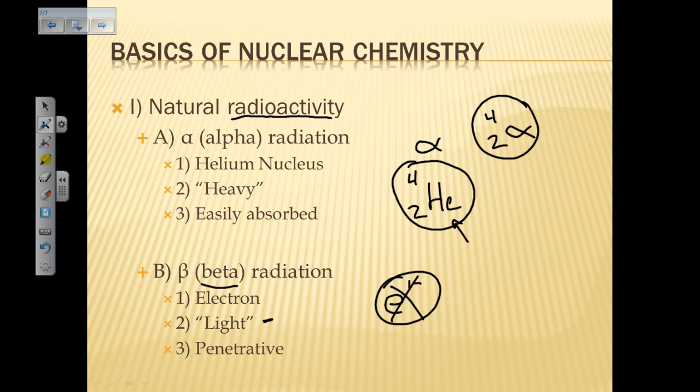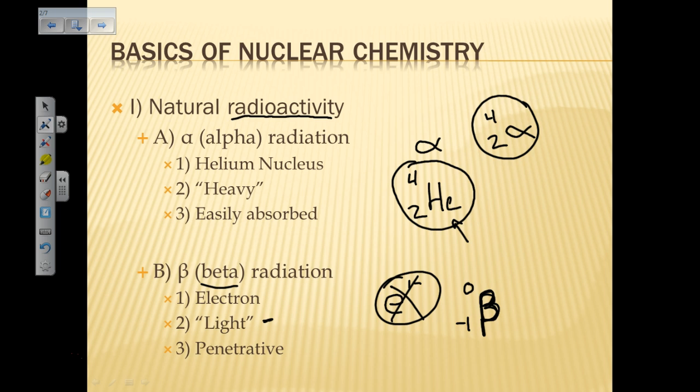We're going to put a beta here, Greek letter beta, second letter of the alphabet. It's kind of a capital B, even though it's lowercase. It looks like a normal capital B with a tail on it. Then we're going to put a 0 up here because an electron has no mass, and then we're going to put a -1 down here to indicate its quote unquote atomic number.